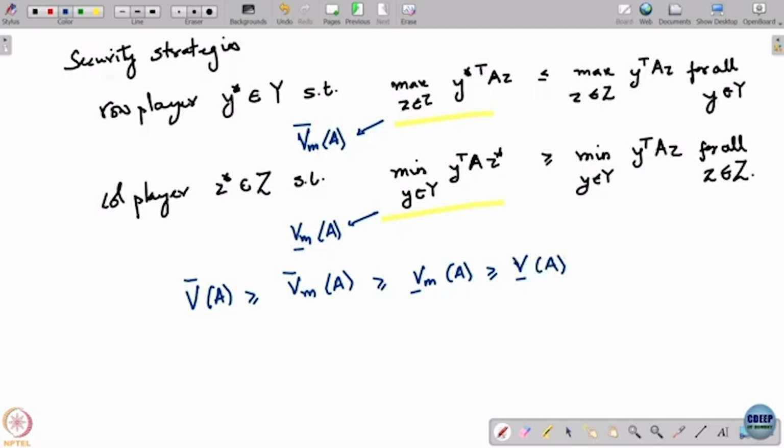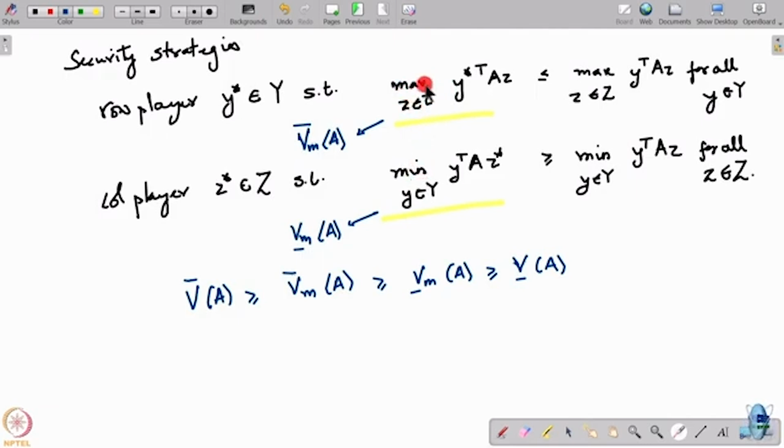Now, one thing which is actually quite straightforward here is that the mixed security levels actually exist, provided I am a little more careful with my notation here.